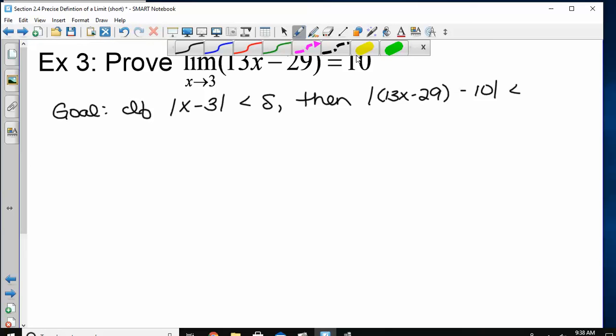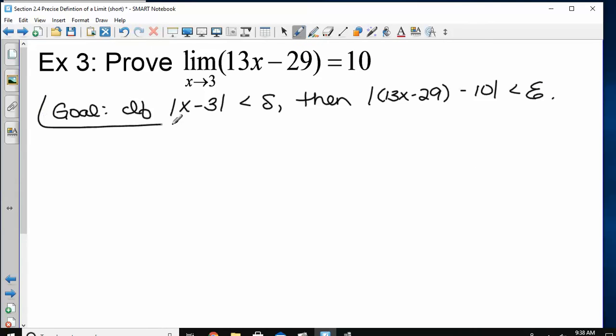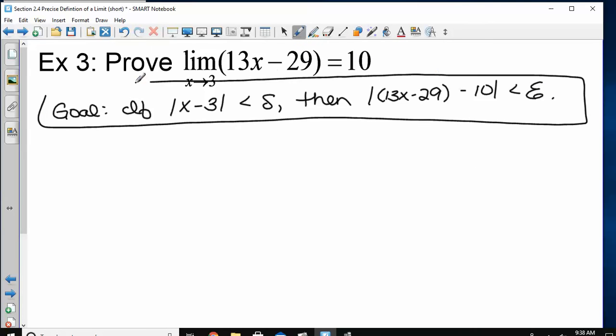So I will be done when I've proven this. That's the definition, that's what we have to show.